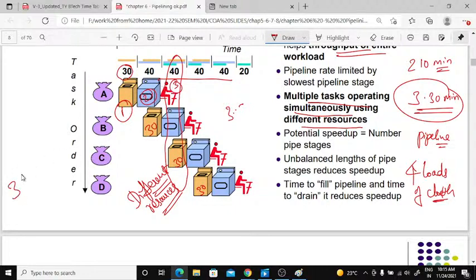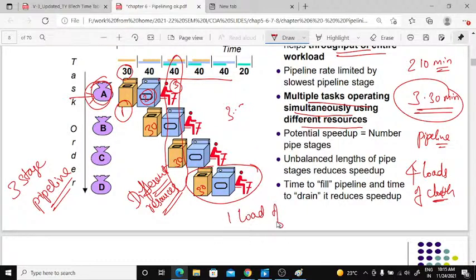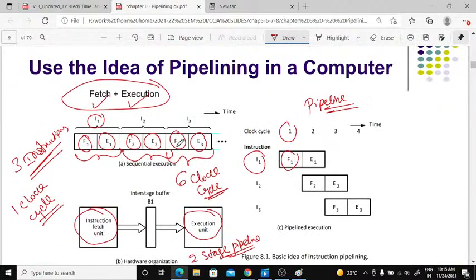So we can call it a three-stage pipeline. Means to complete one load it has to pass three stages. One load of cloth has to pass three stages. In terms of computers, this is a simple example of a two-stage pipeline, so the instruction has to pass two stages.